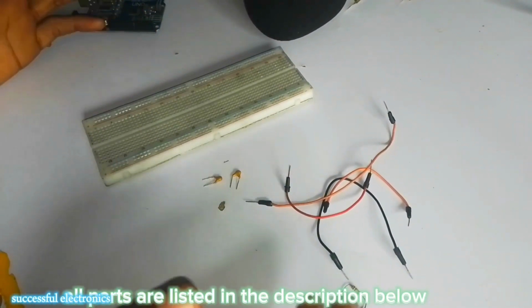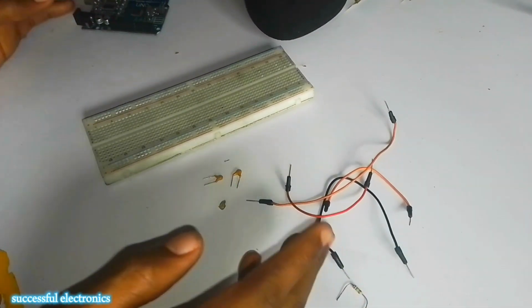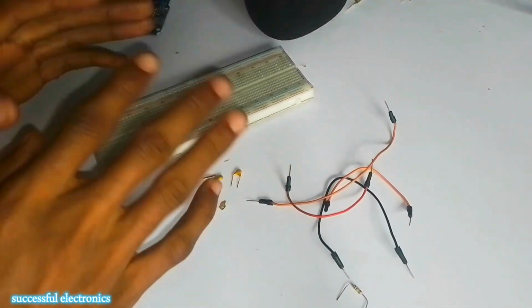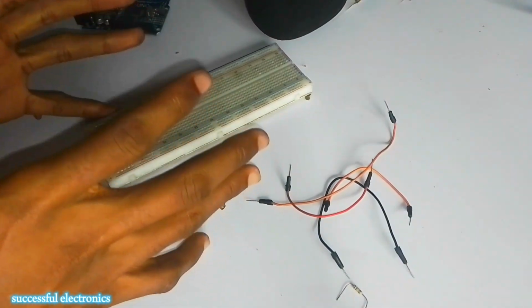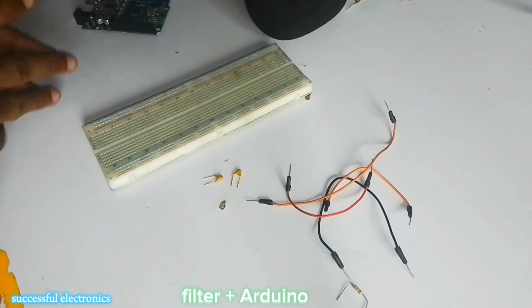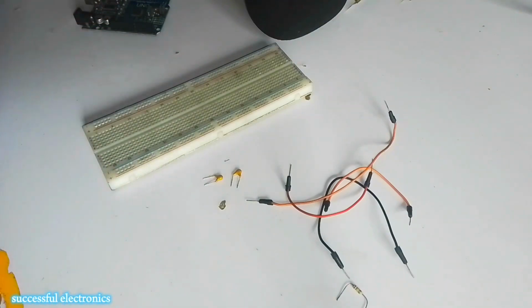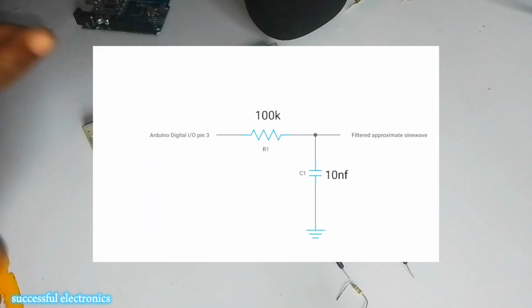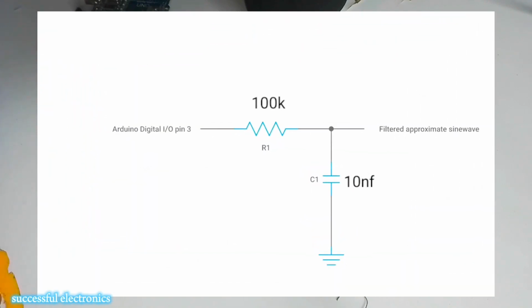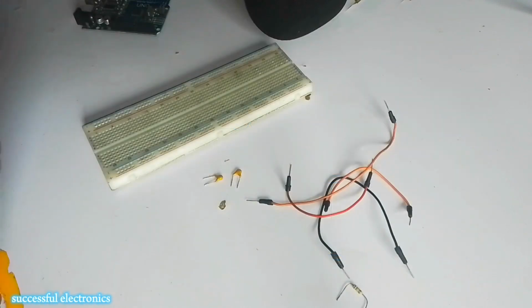Okay, now I'm going to show the circuit of how I connect the filter circuit. First off, I'm going to be connecting the filter circuit. This filter circuit is going to be connected to the Arduino, and the output of the frequency is going to come out from the filter circuit. This is the filter circuit diagram on the screen below right now. If you want to screenshot it and build your own, that's better for you.